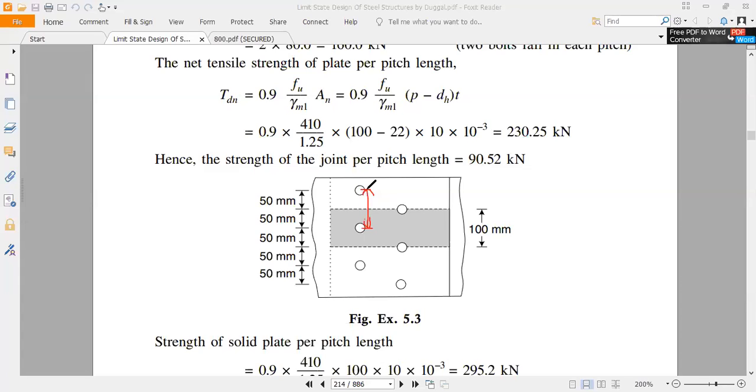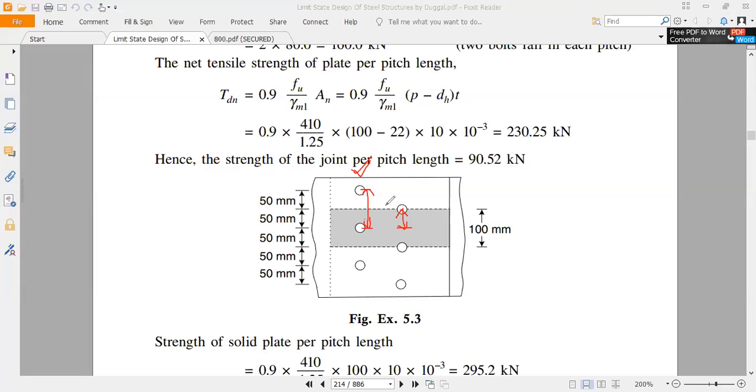So this is basically the pitch. This bolt and this bolt are spaced by 50 millimeter, this is not the pitch. The bolts that are in one line, along that line the spacing between the bolts is called pitch. Now pitch for this connection is equal to 100 millimeter.